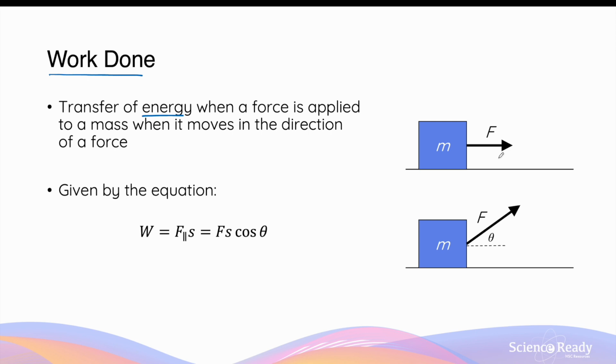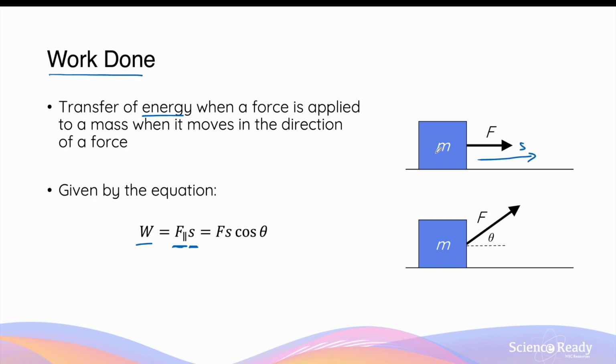The amount of energy given to the mass as a result of this force is given by the work done equals the parallel component of the force vector times the displacement of the mass that's due to the force. The parallel component of force means that the force vector must be in the same direction as the displacement of the mass.